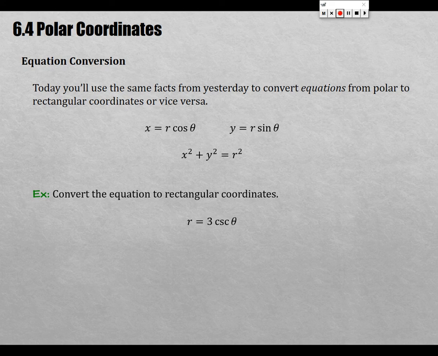Let's go to pi over 2. What do you get? 3. What about 3 pi over 4? Yep, we'll get the same thing as over there. What about pi? Undefined again.